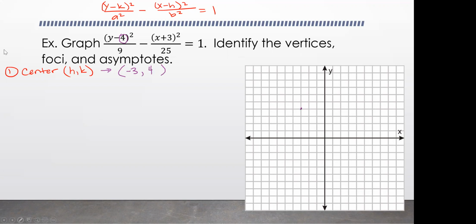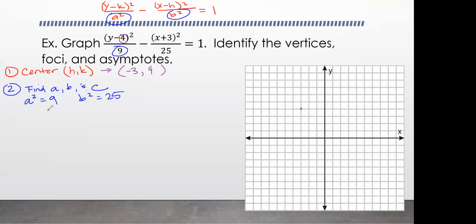So then the next step is I need to find a, b, and c. I know from my equation, see over here it says a squared, that a squared is equal to 9, and b squared is equal to 25.